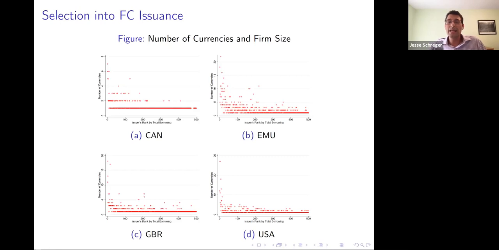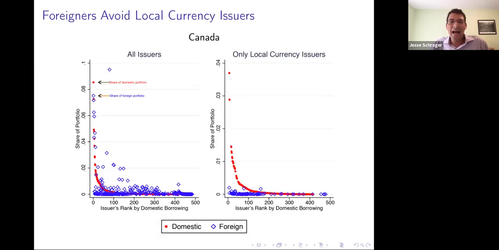And so the easiest way to dig into the implications of this home currency bias, combined with what looks like a fixed cost of issuing, so that every firm does not borrow in every currency, is to ask how different the allocation of capital looks when foreign investors lend to firms than when a firm gets domestic investment.